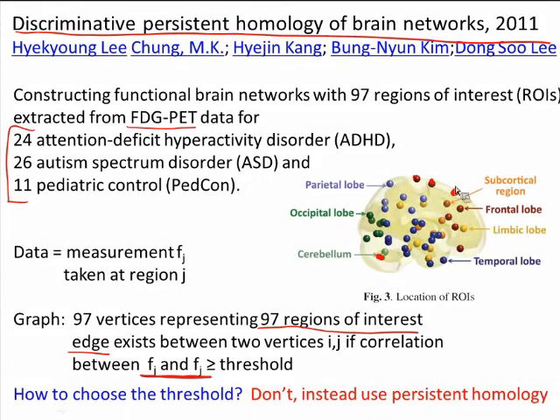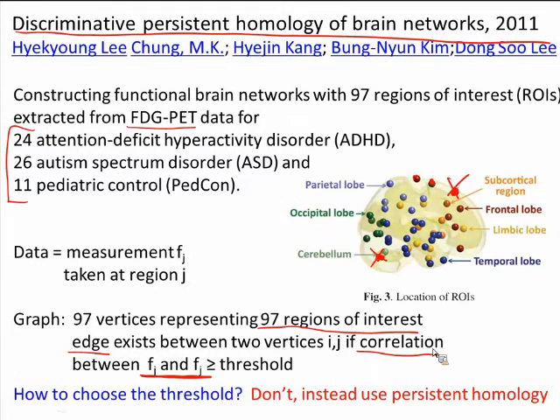It doesn't matter if these points are far away, we can still have an edge between these two points if the glucose utilization is well correlated. So that's how the edges, the distance function, will work in this particular study.